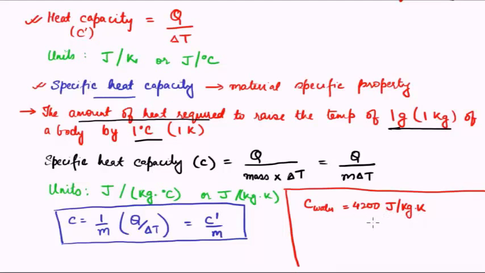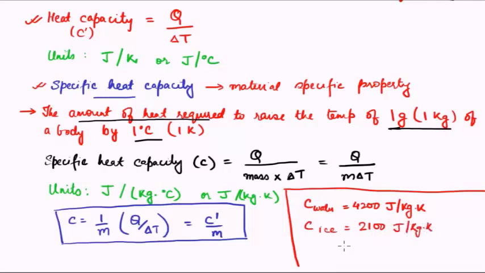Now an interesting idea is that the specific heat capacity depends on what state the material is in. Here water is in the liquid state, but if we see the specific heat capacity for ice, it turns out to be 2100 joule per kilogram Kelvin.